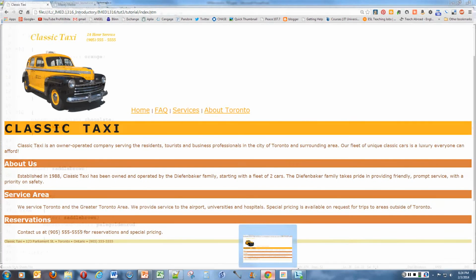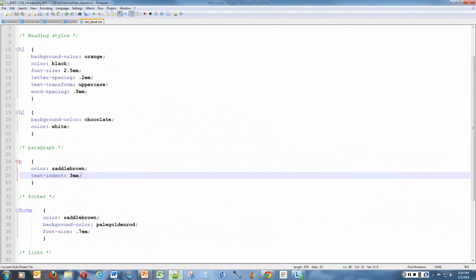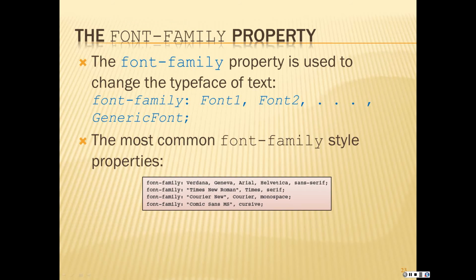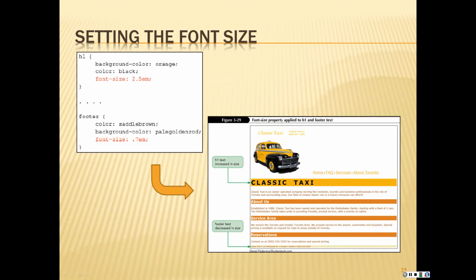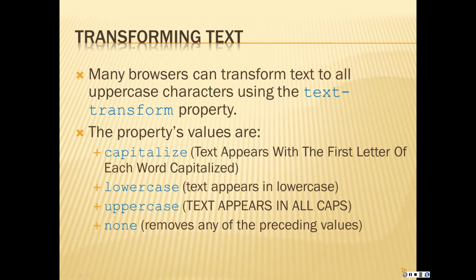And if you are still looking at the PowerPoint, this is about the font family property and the most common font family style properties. And this is about the font size that I told you. EM is a relative unit to make whatever the normal size is bigger or smaller. These are other ways that you can express font size in absolute units. These are the choices for text transform.